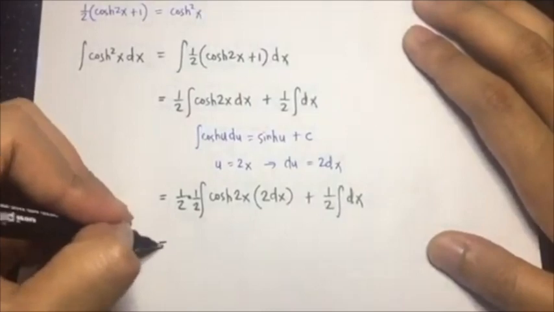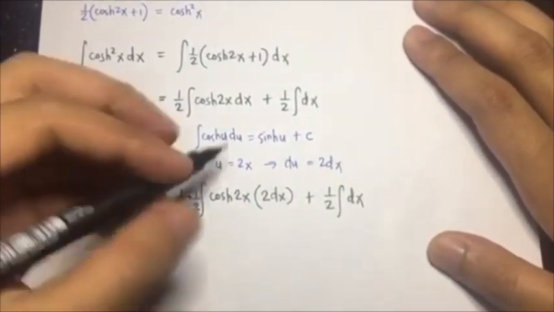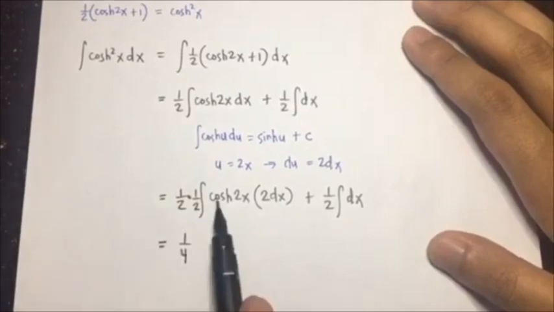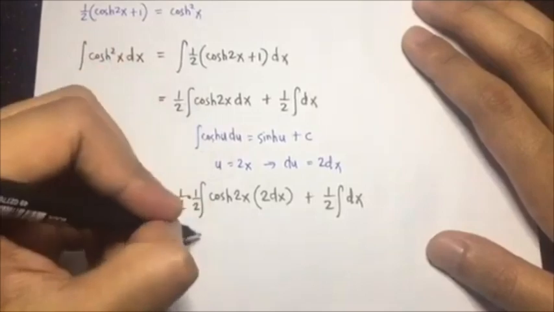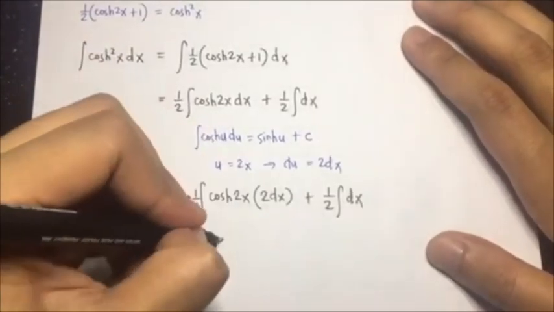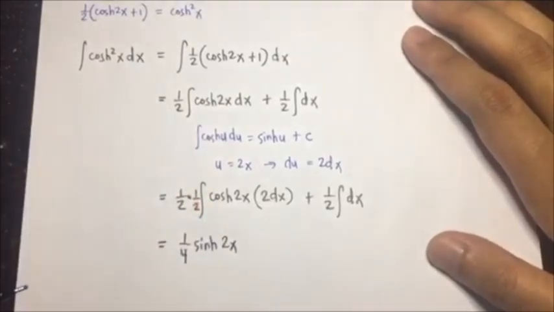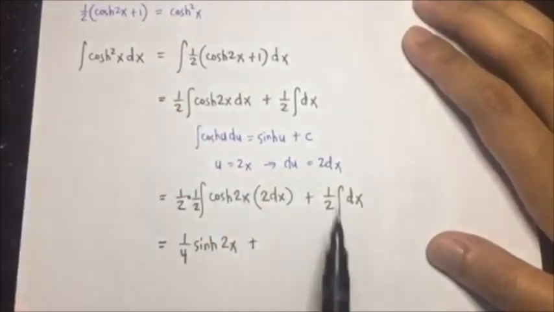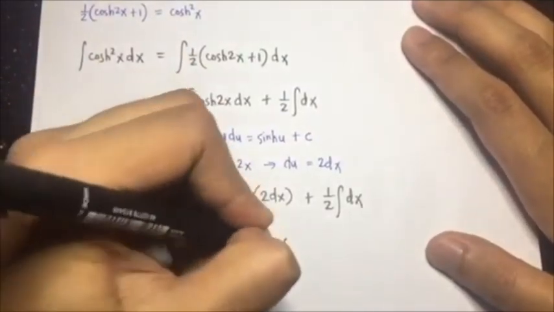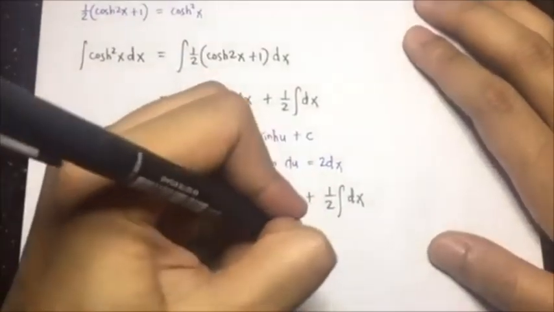Okay, now we can integrate this. 1/2 times 1/2 is 1/4. The integral of hyperbolic cosine is positive hyperbolic sine of u, and our u is 2x. And then plus the integral of dx, which is x. So 1/2 of x plus c.